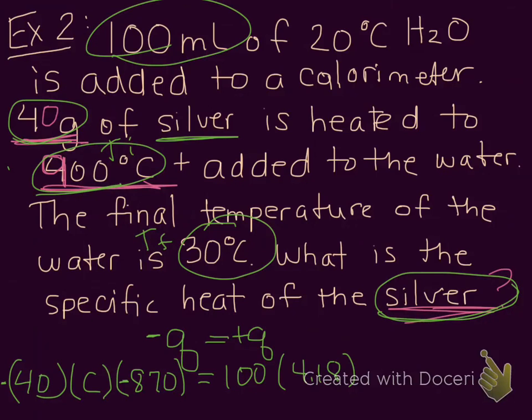The specific heat capacities on both sides do not have to be the same. In the last case, they were the same because they were both water. And the change in temperature of this is going to be from 20 degrees C to 30 degrees C, which is only a 10 degree temperature difference, and it's in the positive direction. So basically we're just going to do some algebra and solve for C. One thing you have to be careful of is that because this is negative and over here these are both negative, these actually cancel each other out and become positive.